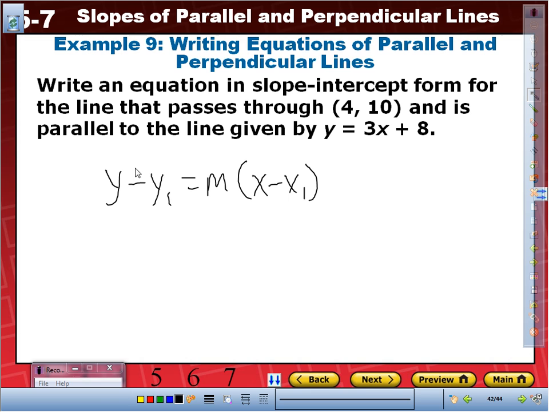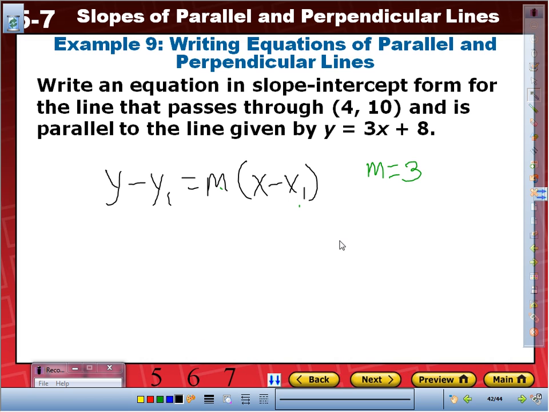Yes. Do they give us a slope? No, but they're saying that the line that crosses through there is parallel to this one. What do we know about parallel lines? That they have the same slope. So what information am I going to substitute for the slope? m equals 3. So now I have this information. The 4 goes here, the 10 goes here, and everything else you know what to do, right?